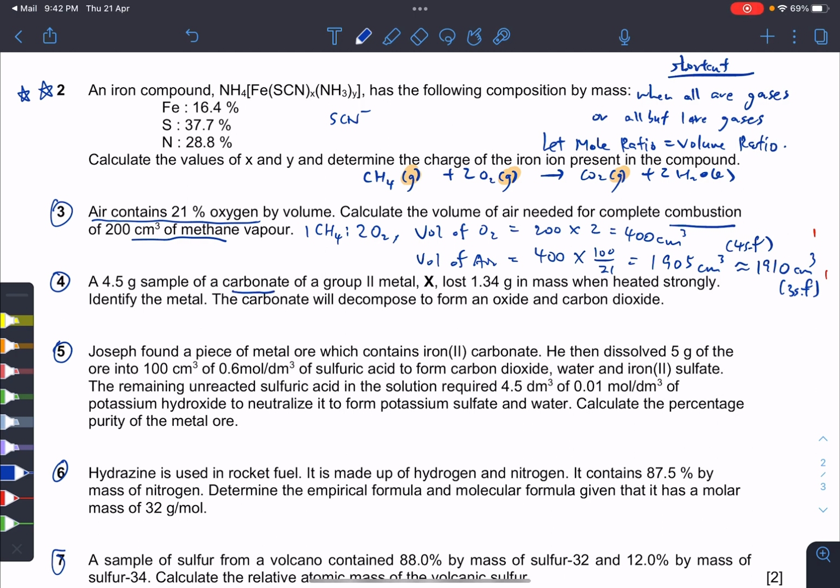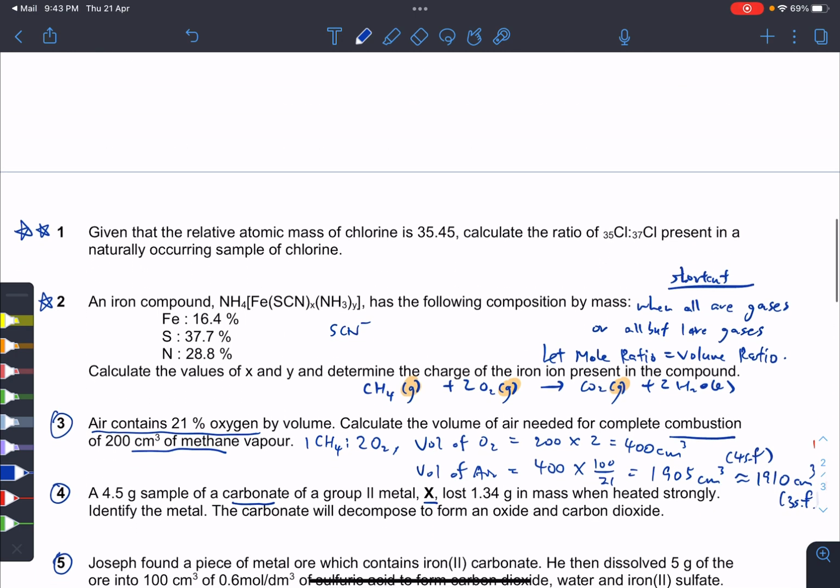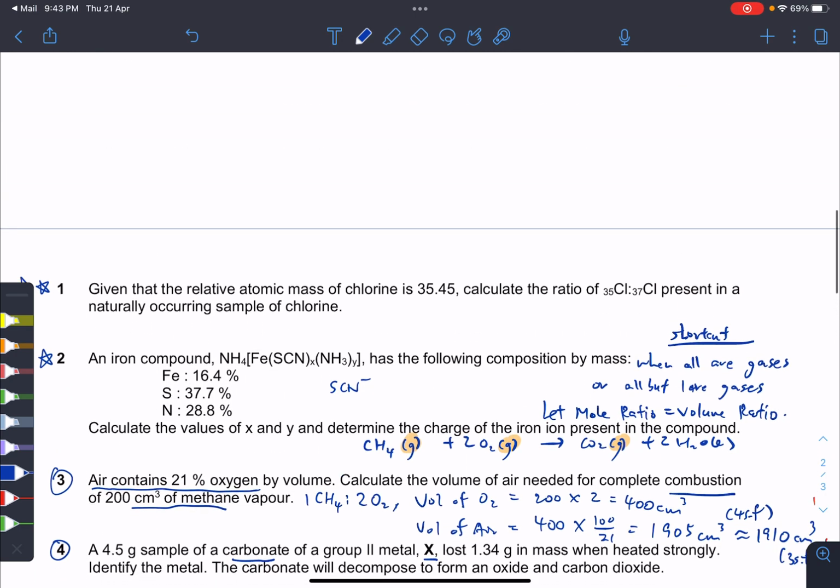It's a carbonate of X. They say X is group 2, so it will be 2 plus. Carbonate is CO3 2 minus. So X CO3.